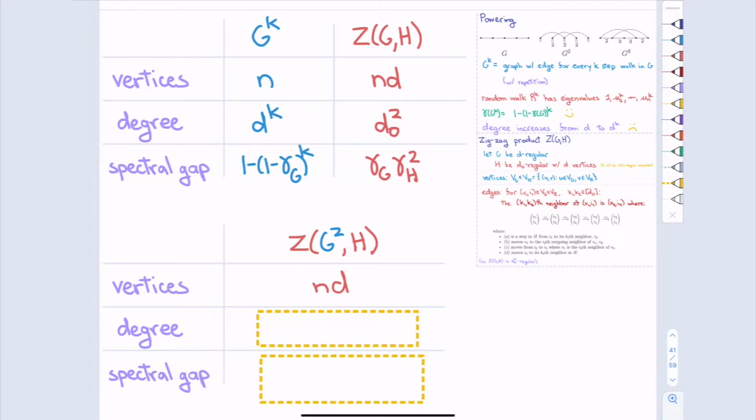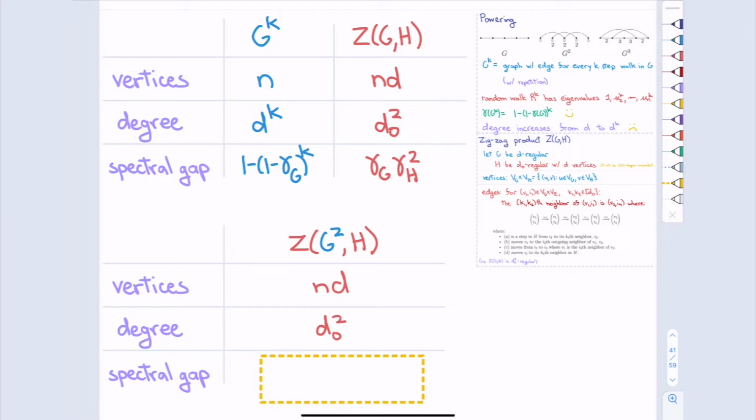What is the degree? Oh, there's actually no K. We're just doing G squared. D0 squared. So initially the degree does go up from D to D squared, which is bad, but the zigzag product just brings it back down to D0 no matter what the degree was. So that's how we end up with D0 squared.